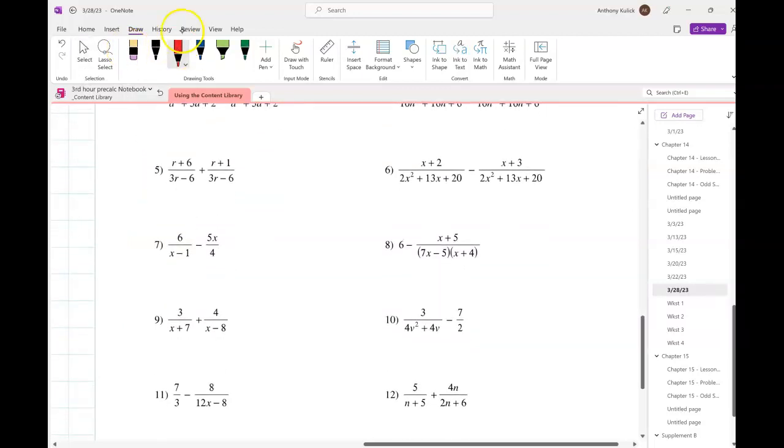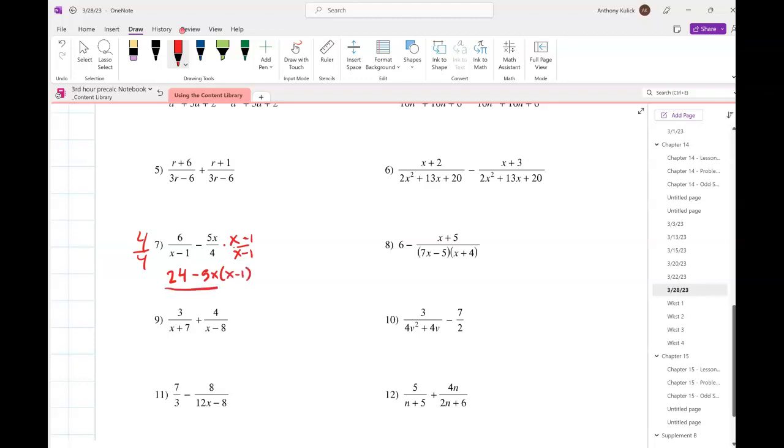So if I go down to 7, I'm just going to start by figuring out what my least common multiple of the denominators is. That would just be 4 times x minus 1. So multiply the first one by 4 over 4 and the second one by x minus 1 over x minus 1. So that gets me to here.